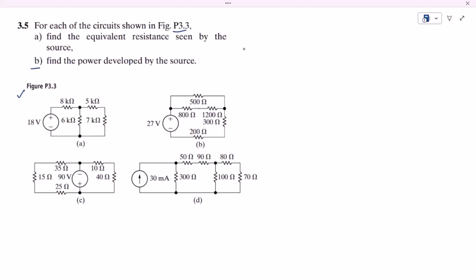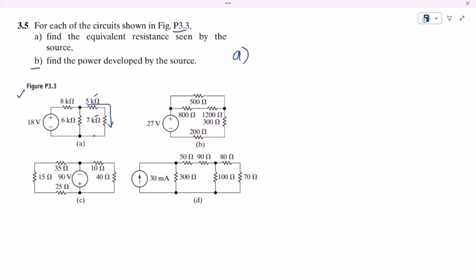Okay, so in part A, this is the circuit, and in order to find the equivalent resistance of the circuit we have to start from the very end. Here we can see that these two resistors, as we have previously seen, are in series because the same amount of current is flowing through them.